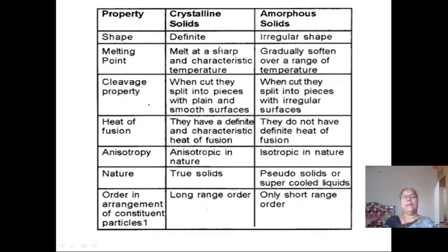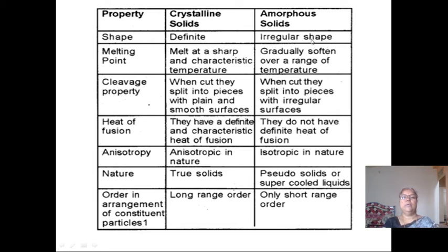Then we can distinguish between the properties of crystalline solids and amorphous solids. The first property we take is shape. Crystalline solids have a definite shape.